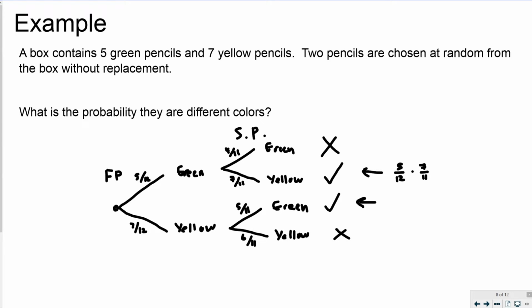And then for the bottom one, it will be 7/12 times 5/11. So those are how you calculate each branch, okay? So as you move along in the branches, you multiply. So both of the top ones will be 35, because 5 times 7 is 35. And then you have 12 times 11, which is 132.